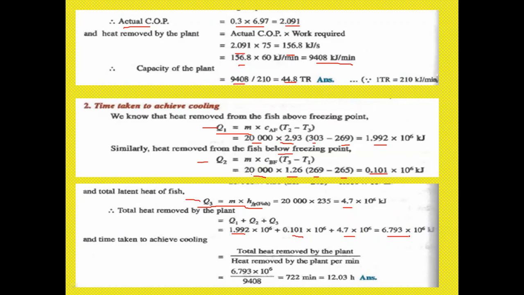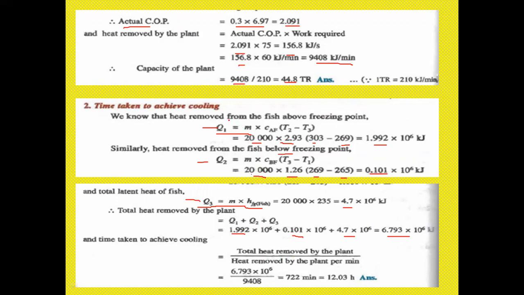Therefore, the time taken to achieve the cooling is the total heat removed by the plant divided by the amount of heat removed per minute. What is the total amount of heat removed? 6.793 into 10 to the power of 6, divided by the heat removed by the plant per minute.